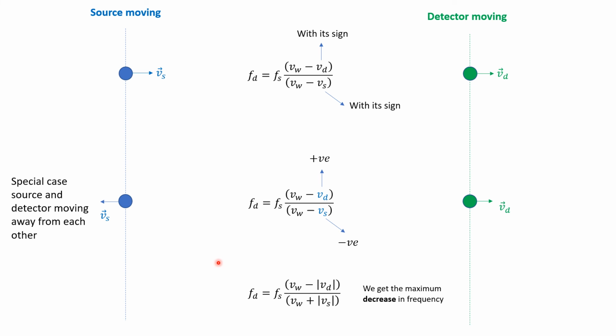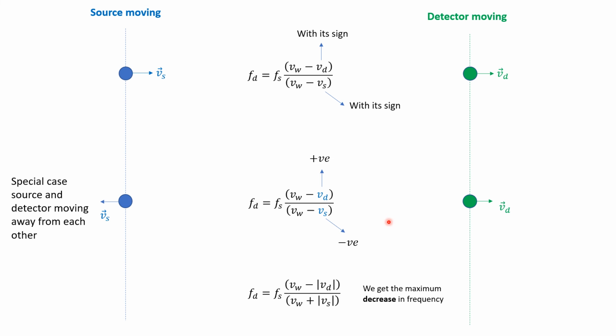Okay, what happens in the opposite case, where the source is moving to the left and the detector is moving to the right? Well, just intuitively, since the source is moving to the left, the waves that propagate have a bigger wavelength. So if the detector was at rest, it would feel the successive wavefronts hit it with a larger time.